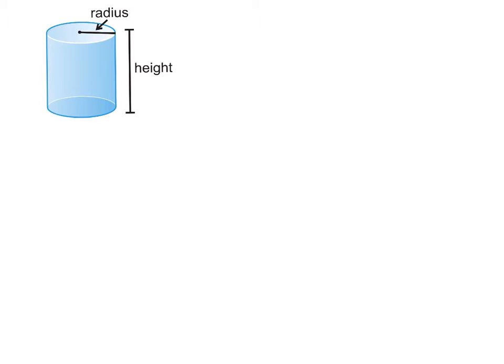The last figure that looks like a can is called a cylinder. And with a cylinder, again, we're going to find volume.